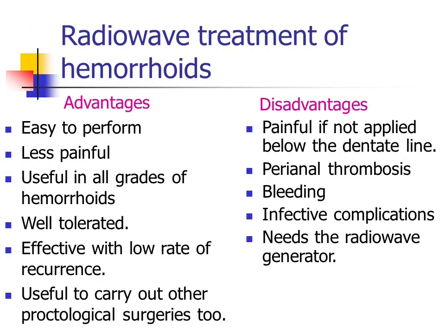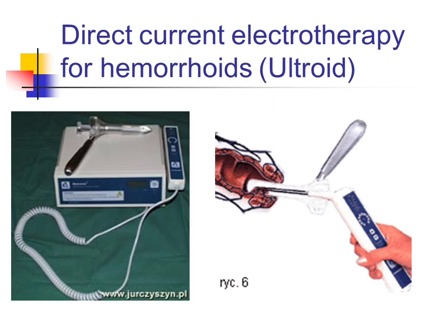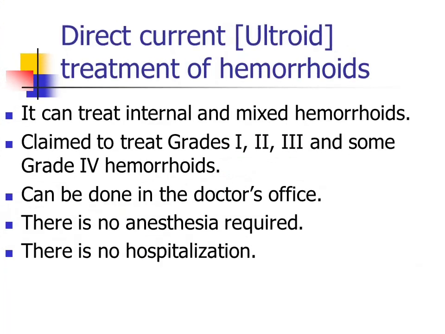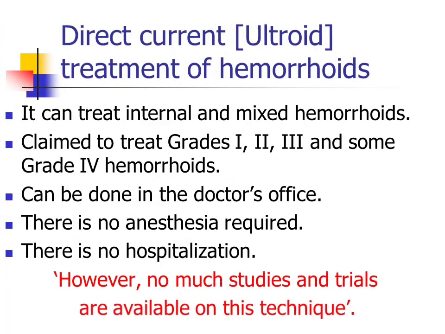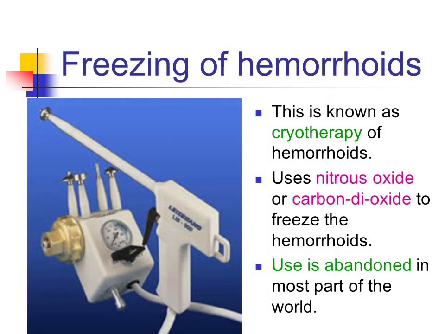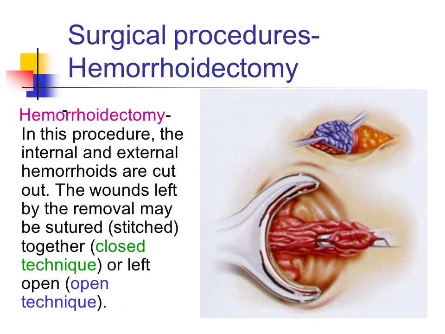So this is easy to perform but may lead to certain minor complications. Then comes the ultroid or direct current electrotherapy to treat internal and mixed hemorrhoids. No anesthesia is required, but it is very lengthy. Then comes freezing or cryotherapy, which is no longer used now.